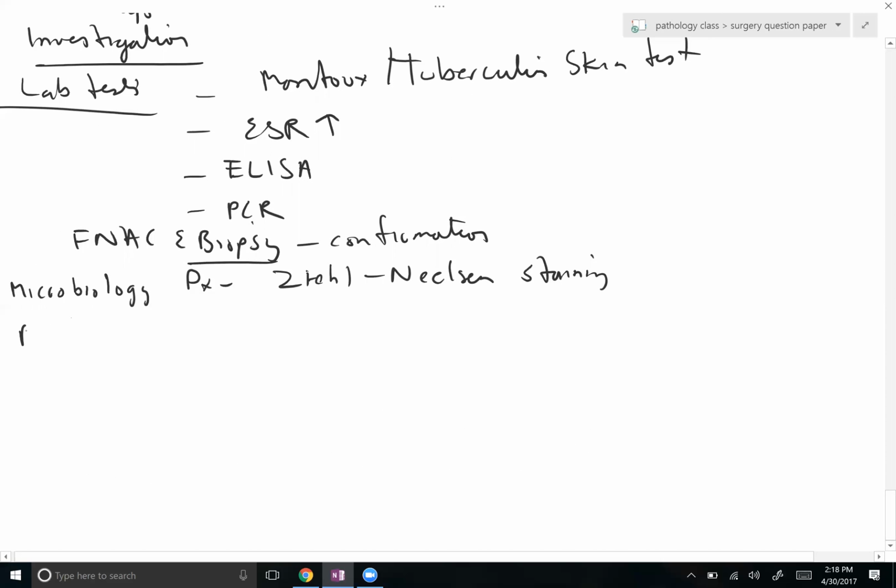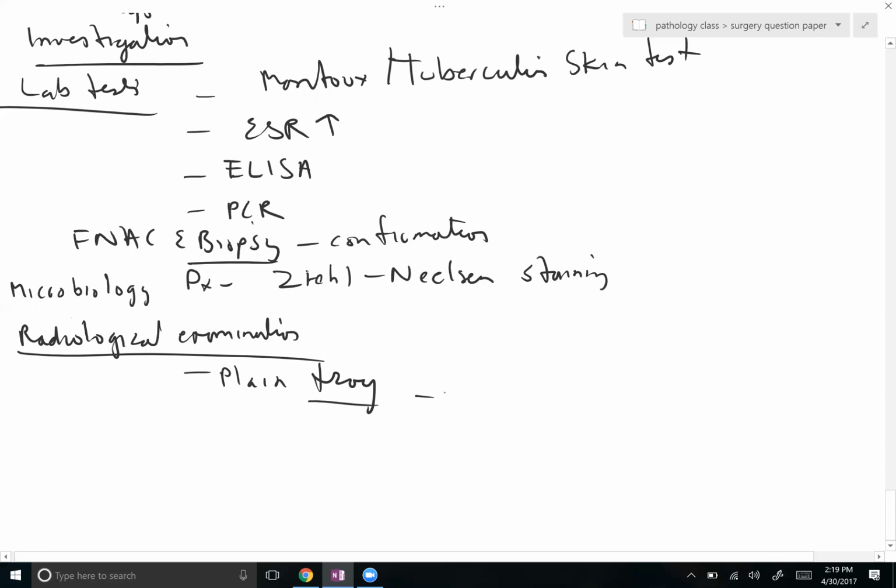Next is radiological examination. First and foremost, we can go for plain X-ray. This can be diagnosed based on the location where the swelling or abscess is present.